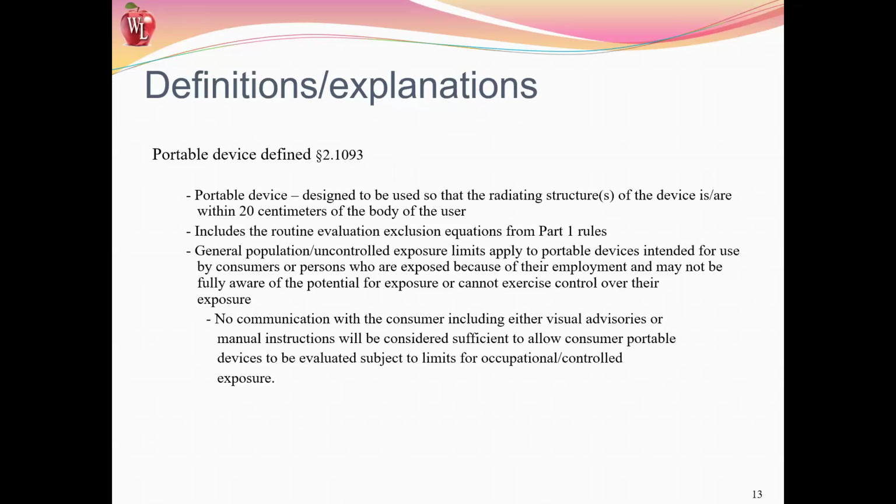No communication with the consumer, including either visual advisories or manual instructions, will be considered sufficient to allow the consumer portable device to be evaluated for the controlled exposure. Basically, you can't put a note in the manual that says this thing looks like it's a portable device and you'll use it that way, but don't, because the RF exposure will be not compliant.